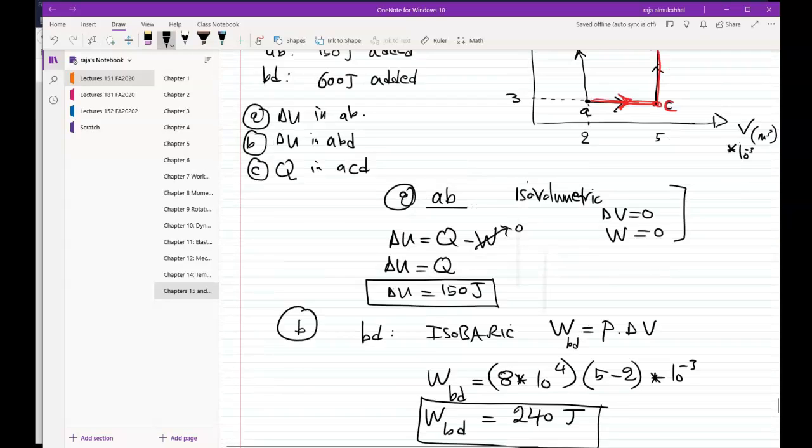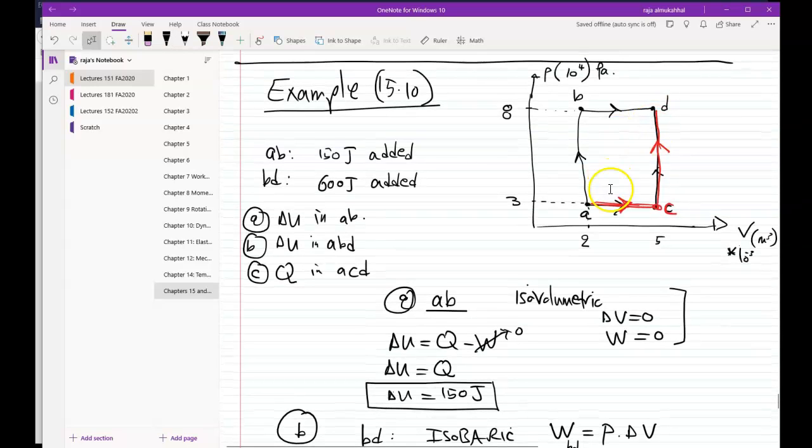Remember, whenever you have a PV diagram, an easy way to calculate work is simply calculating the area under the curve, basically geometry. You just calculate the area under the curve. That would be one easy way to do it.